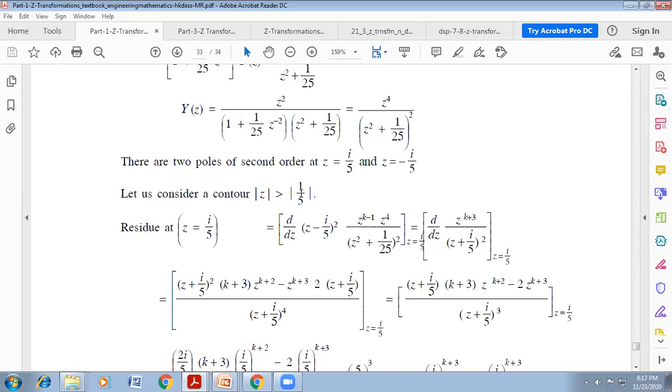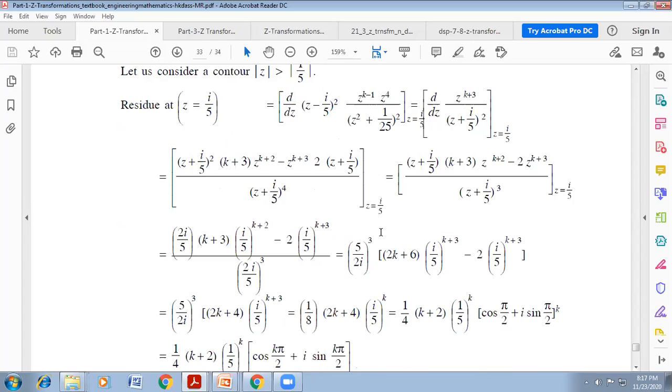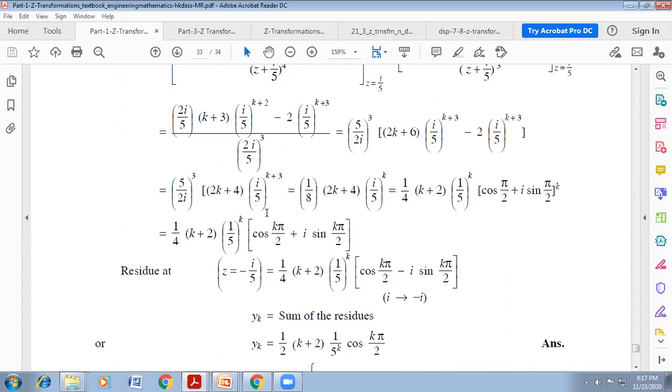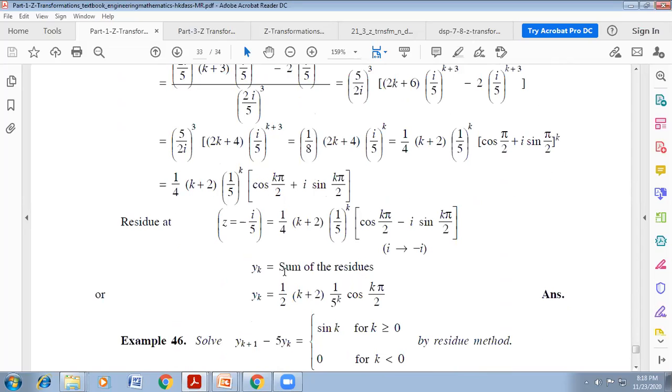This is the last phase. For |z| greater than 1/5, we get z equals i/5. Just put it into the residue theorem of Z transformation, remember it. Using previous examples from previous lectures, by using the residue theorem in Z transformation, we get the result of this.